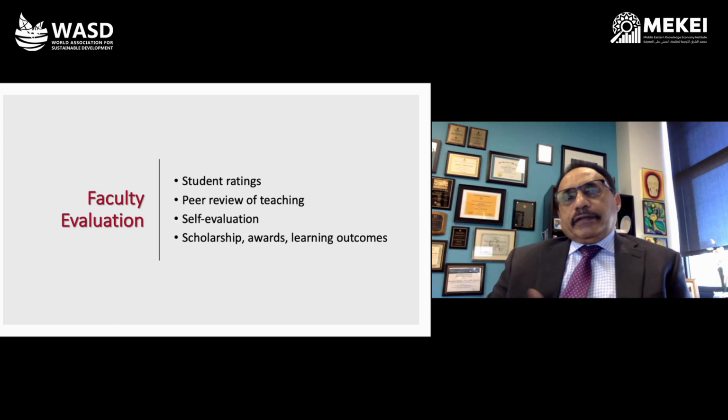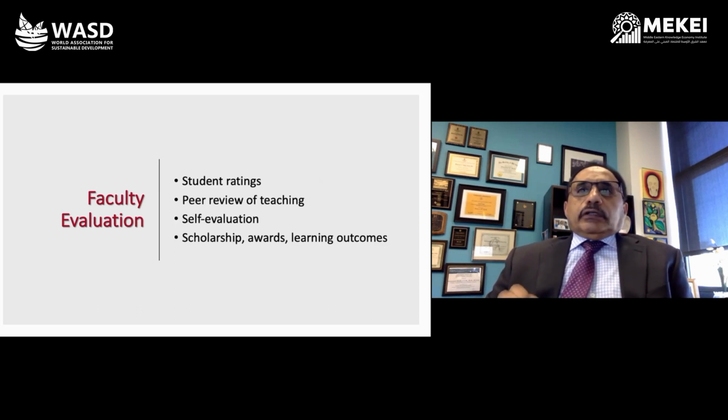The faculty can set a goal for themselves and they have a plan, and then they look at whether they reach that goal or not, and they have some kind of reflection and feedback. There are others who also use scholarship, awards and learning outcomes for evaluating faculty.